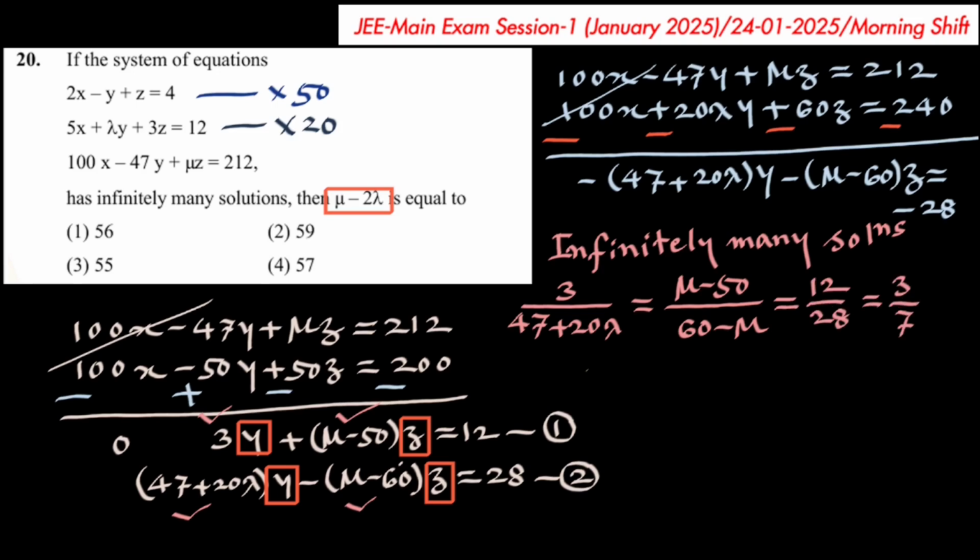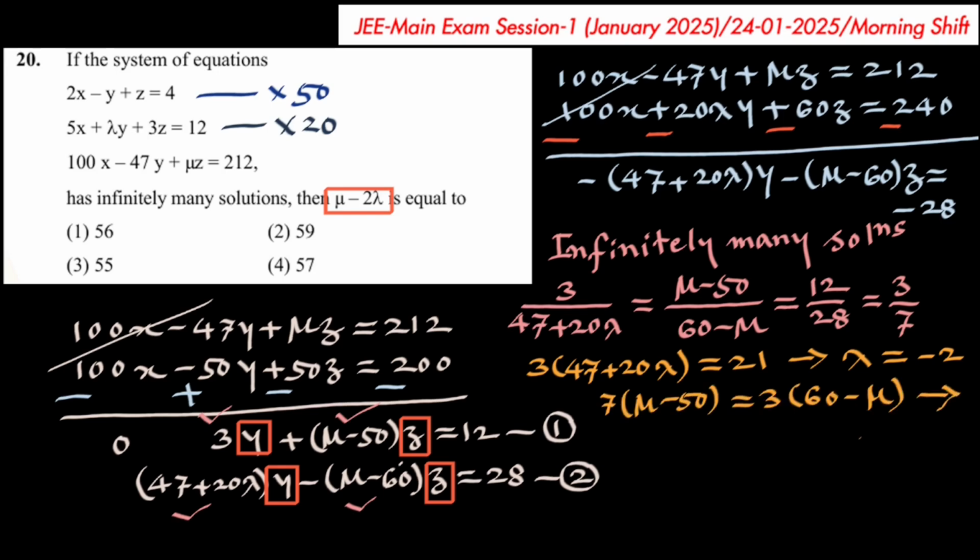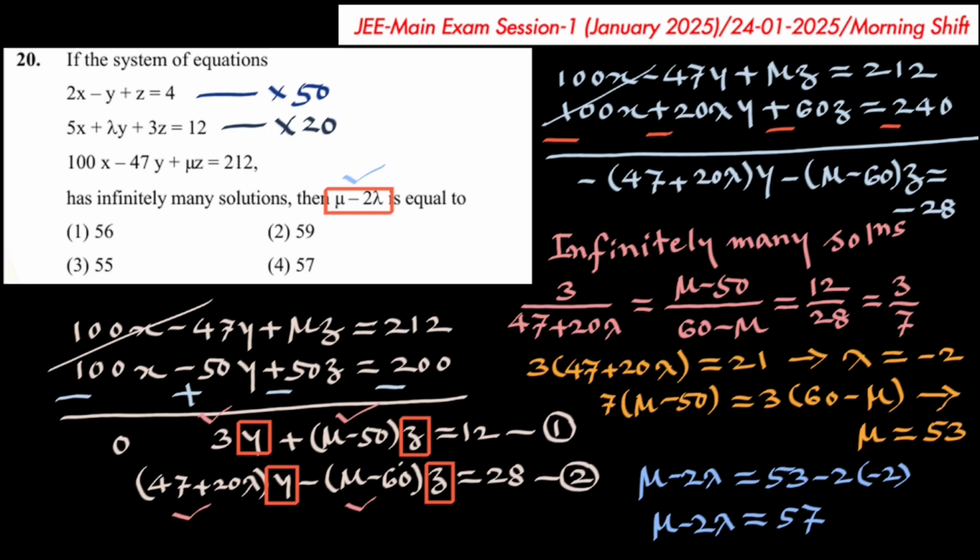By cross multiplication, after solving, we will get lambda equals minus 2. Similarly, from the second equation, solving which we will get mu equals 53. We have to find the value of mu minus 2 lambda. 53 minus 2 times minus 2 gives the value 57. So the correct answer option here is 4, 57.